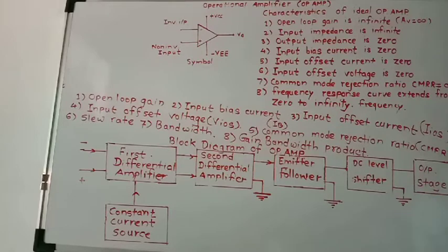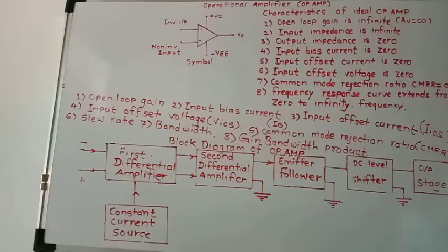It is called the common mode rejection ratio, and it is desirable that the common mode rejection ratio should be infinity. For an op-amp, it is defined as the ratio of differential mode gain to common mode gain.